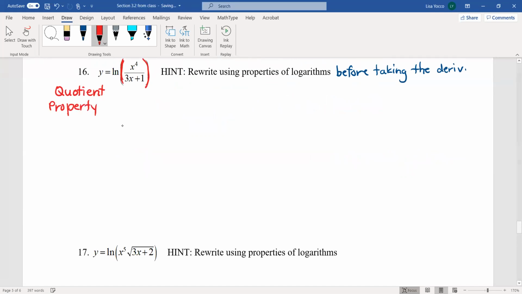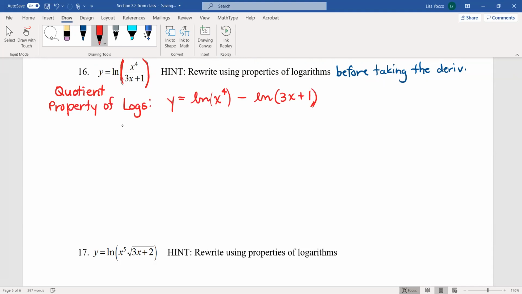Quotient property of logarithms. So this is an algebra thing. Says, okay, the logarithm of a quotient is the logarithm of the numerator minus the logarithm of the denominator.